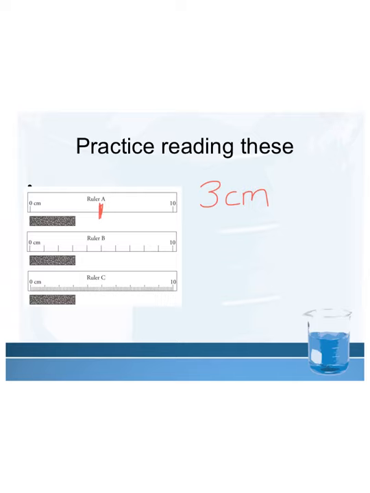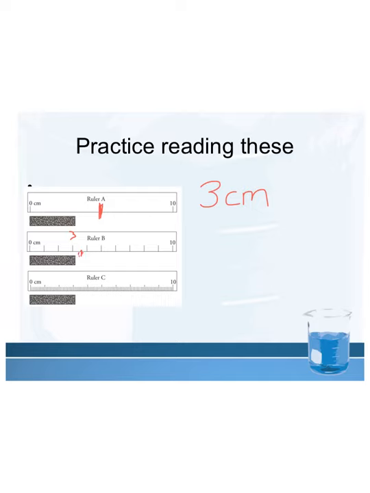All right, so in ruler B, we see more markings, and our metric system loves the number 10. So we can tell in here that these are our numbers 1 through 10. So 1, 2, 3. So this is pretty close to 3, but it's a little bit over 3. So again, if we were estimating and said about halfway roughly, my numbers, beautiful handwriting, is a little off here.